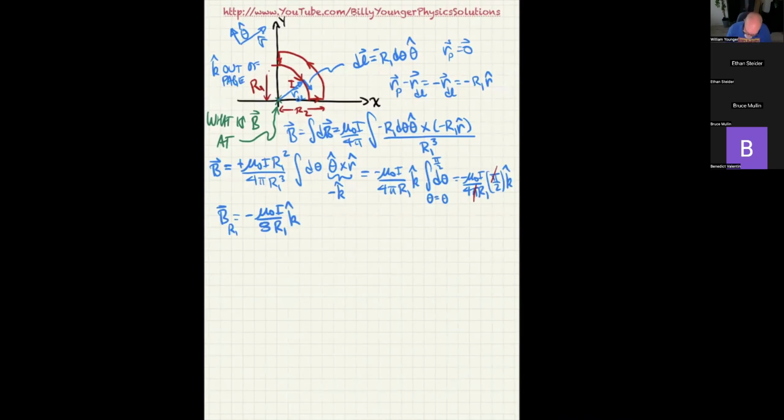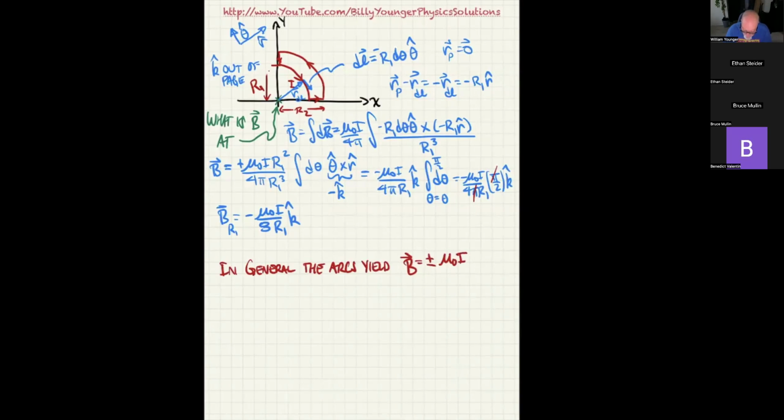Now, what this looks like is really, let's do it this way. In general, as long as the arcs all have the same center, B is equal to plus or minus, you're going to say mu 0 I. The plus or minus just dictates which way you're going.